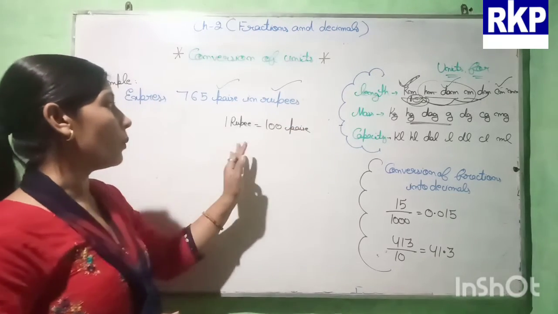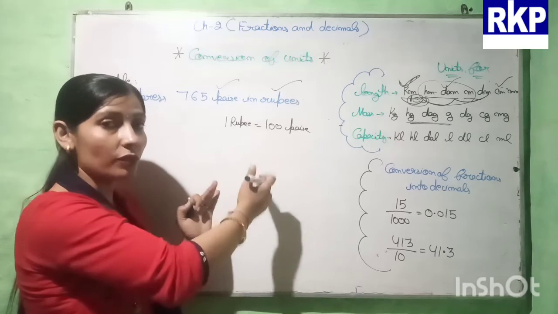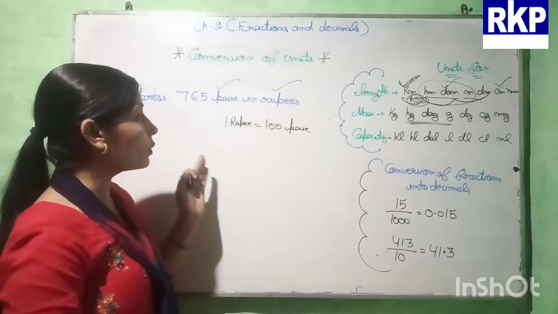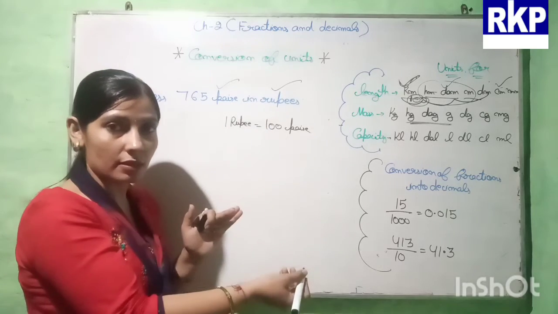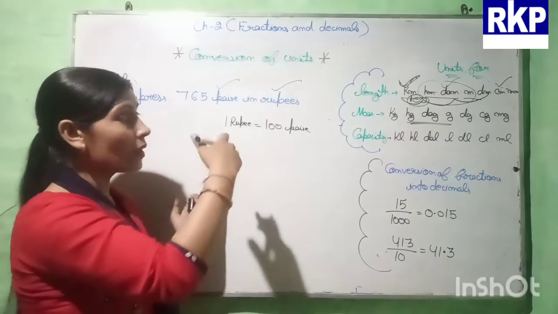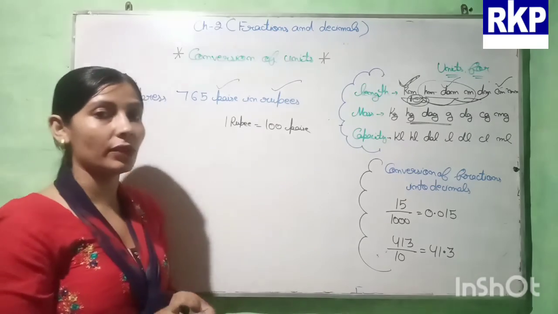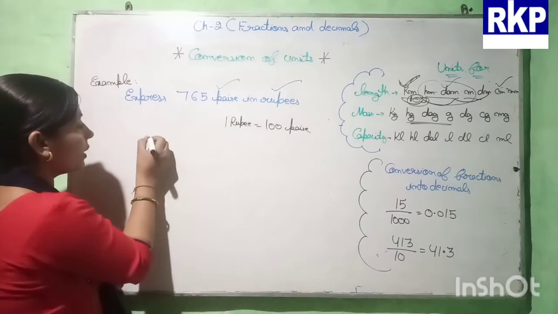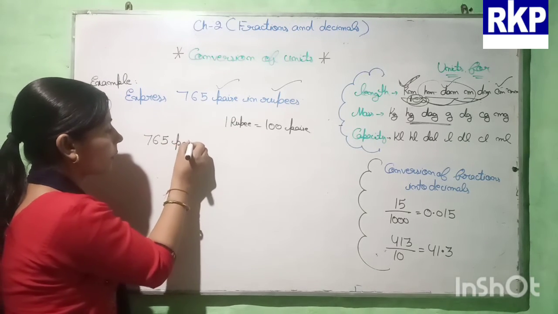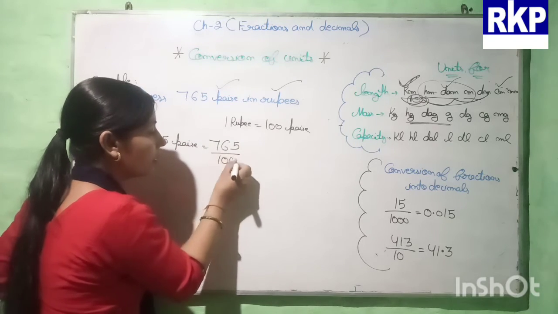Now if we want to convert rupee into paise, then we need to multiply with 100. But here we need to convert paise into rupees, means smaller unit into greater unit. So here we need to divide with 100. We will write 765 paise, and now we have to divide this with 100.